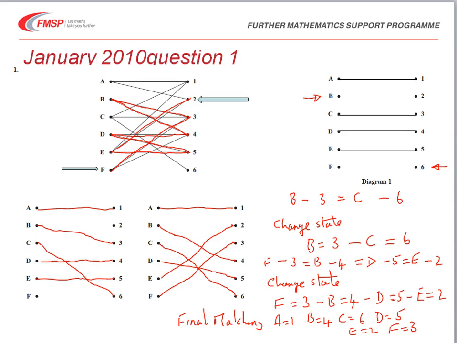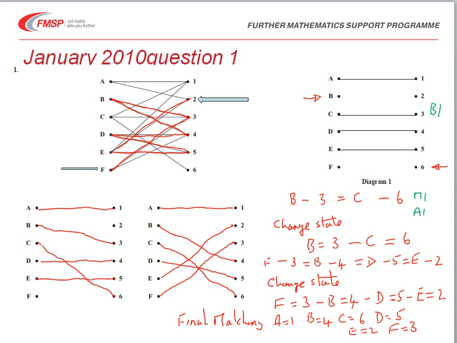Now looking at the mark allocation for that question, there was a single B mark for the first diagram, where you put in the initial matching. The first path was given a method mark as long as some attempt had been made to find an alternating path, and then an accuracy mark for finding a correct alternating path and changing the state.